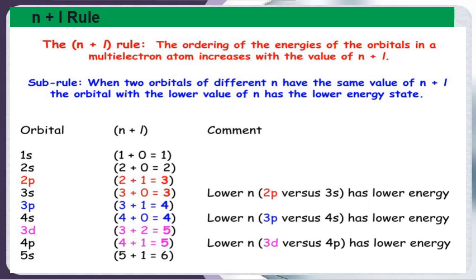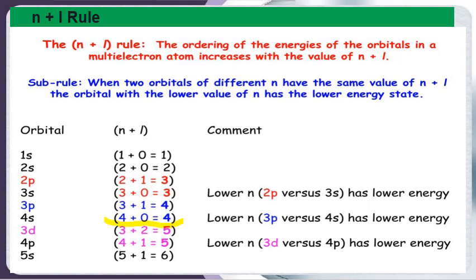Now come to the next one. Look at 3p and 4s. For 3p, 3 is representing n, and the value of l for p is 1, so the total is 4. For 4s, once again it is also 4, as the value of n for 4s is 4 and the value of l for s orbital is 0. So it is giving you the value 4. You can see 3p and 4s both hold the same value.